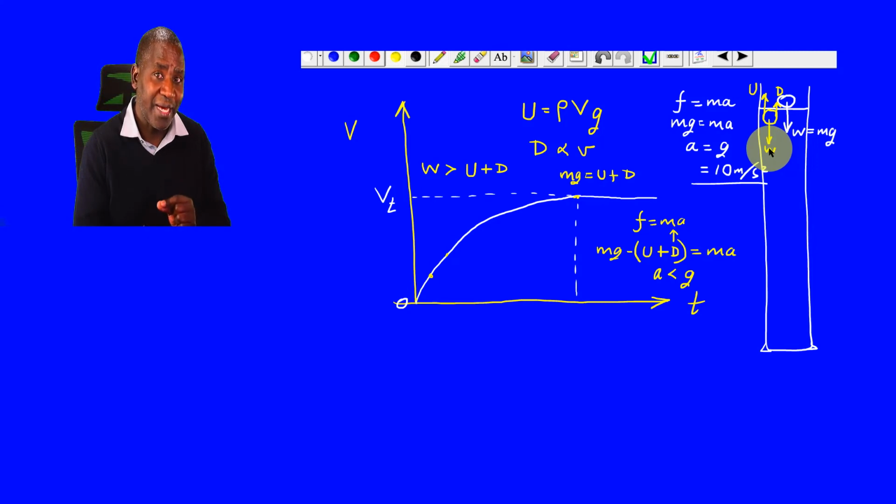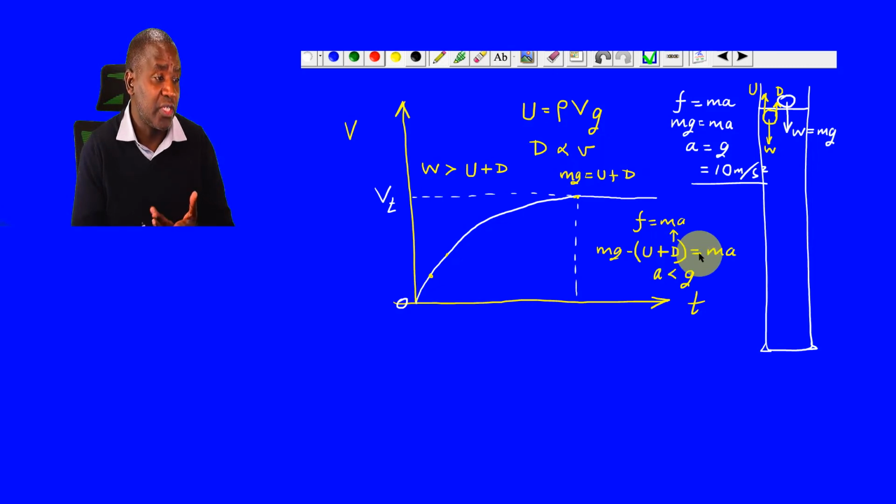I'm going to repeat that because it is very important. At this point, the sum of the upward force, which is upthrust plus viscous drag, is equal to the weight of the object. That means that the resultant force will be zero, because the resultant force is mg minus (U plus D), but U plus D is equal to mg. It's just like subtracting mg minus another mg.